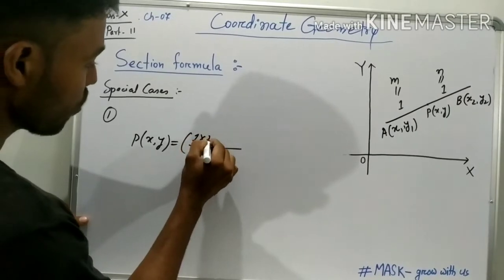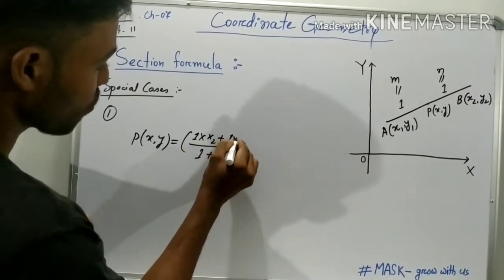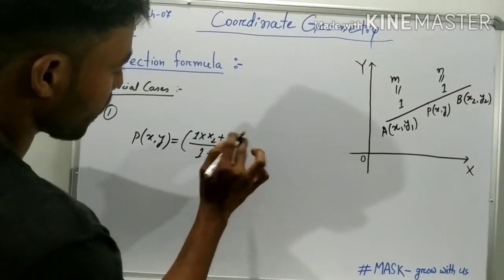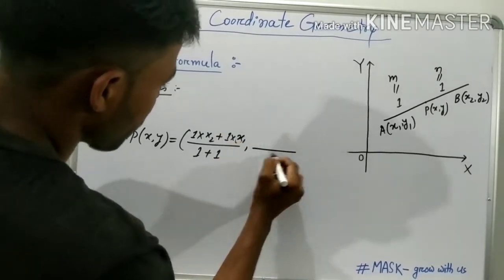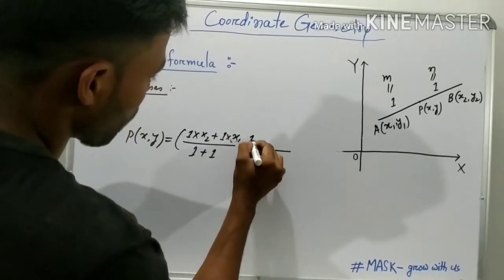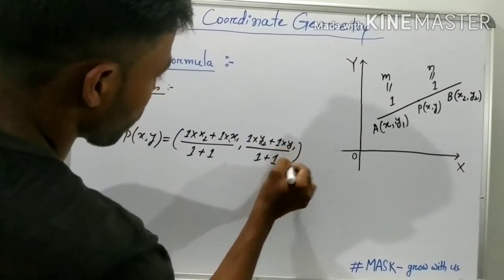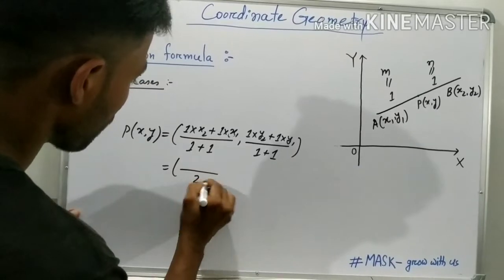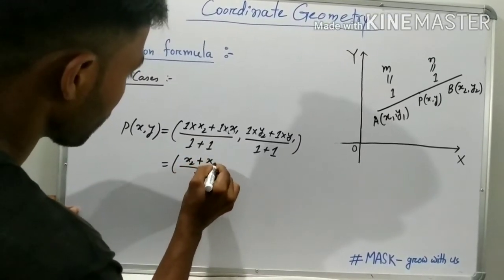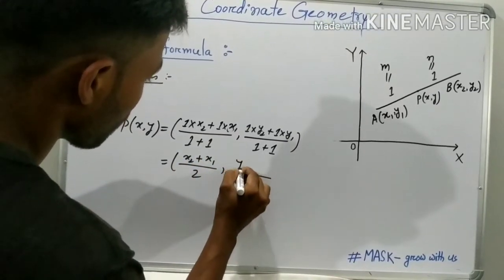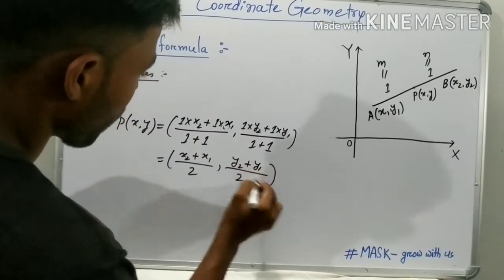So (1 into x2 plus 1 into x1) by (1 plus 1), and (1 into y2 plus 1 into y1) by (1 plus 1). So this is going to be (x2 plus x1) by 2 and (y2 plus y1) by 2.